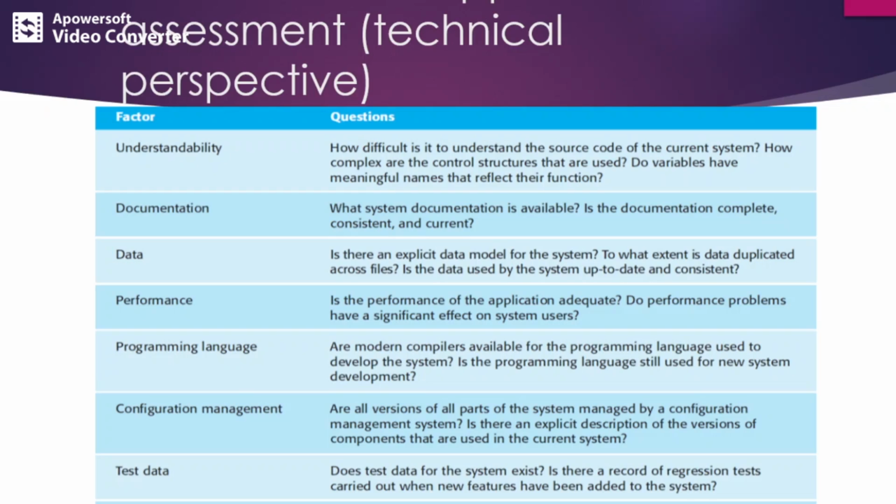Next is the personnel skills. When I talk about personnel skills, I mean the people who are working in the maintenance phase. You need to see: are there people available who have the skills to maintain the application? You need to see whether the people involved in maintaining that application actually have the skills or not.